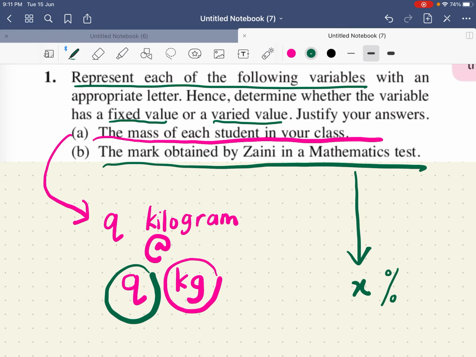Okay, this is the example concept for value yang kita tak tahu, unknown. Okay, kita represent the variable by using letter, a letter ataupun alphabet. Okay, ataupun alphabets. Satu je.